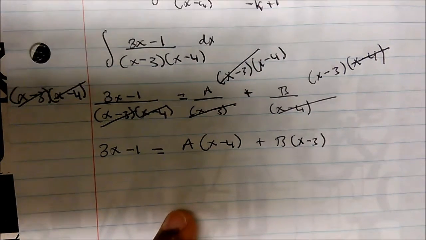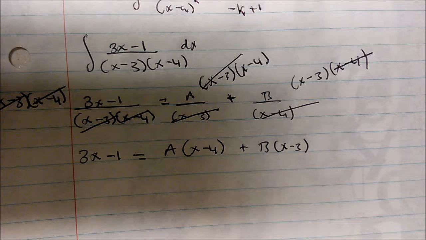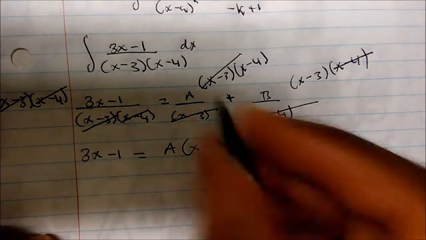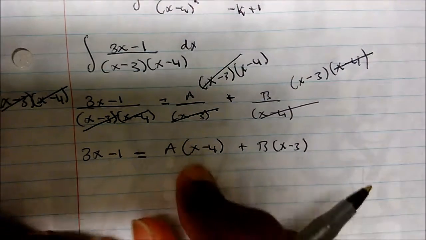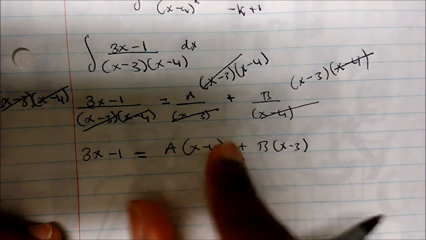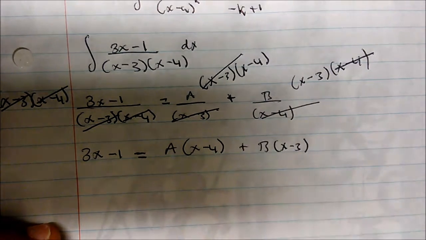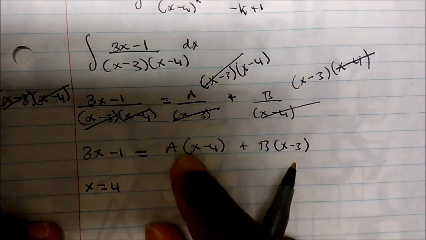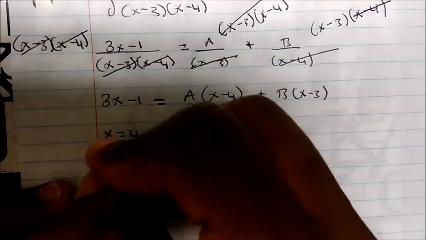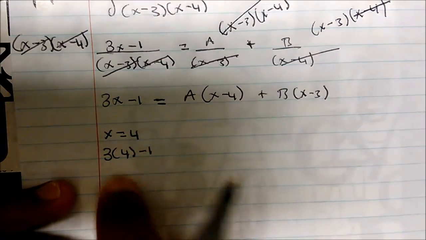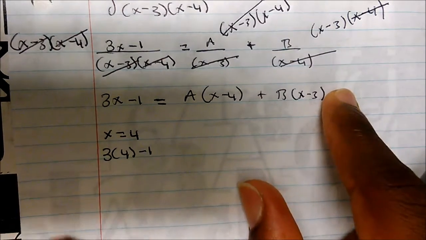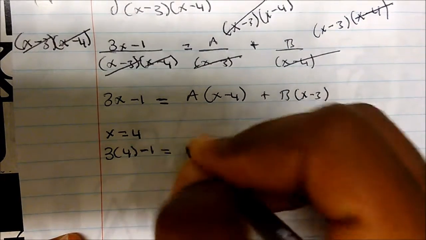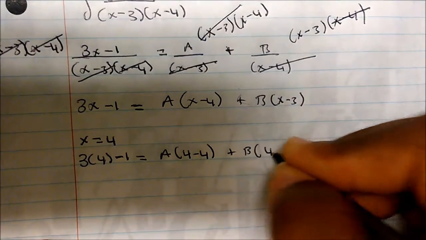Now there's a beautiful trick we use only when we have pure linear factors: because they're linear, I can choose a value of x to cancel out one of these terms so that I only solve for one term. What do I mean? If I set x to be positive 4, then 3 times 4 minus 1 equals a times 4 minus 4 plus b times 4 minus 3.